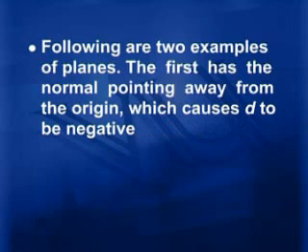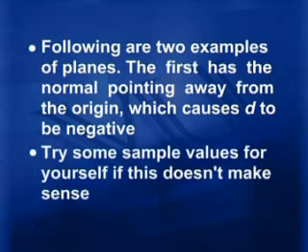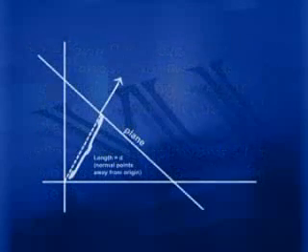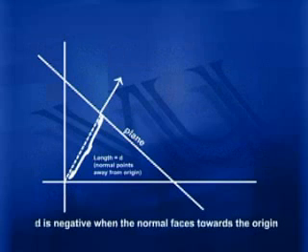We have 2 examples. The first has the normal pointing away from the origin, which causes the distance D to be negative. We can try some sample values if we feel like, but let's take a look at this picture first. In this case, the normal is sticking out of the surface of the plane, and distance D is negative because the normal is pointed away from the origin.